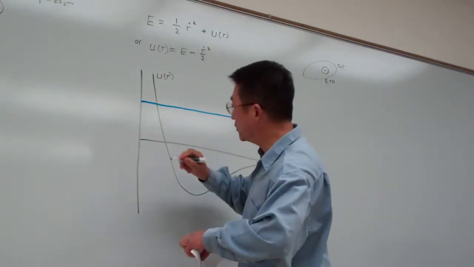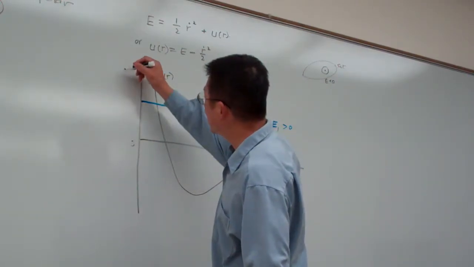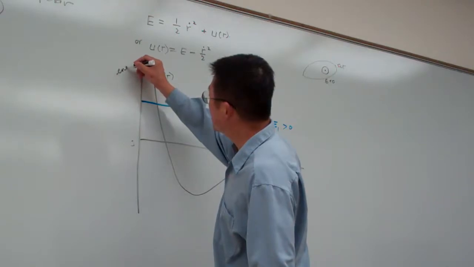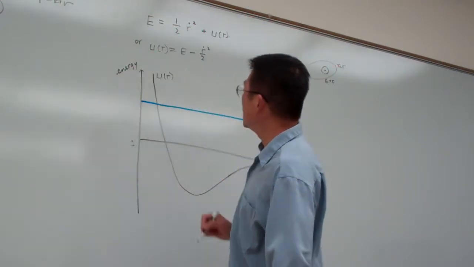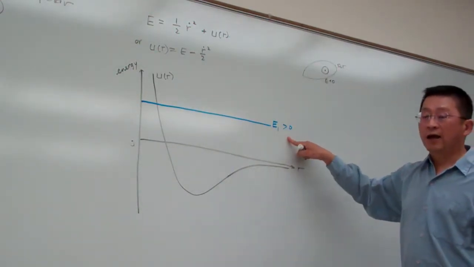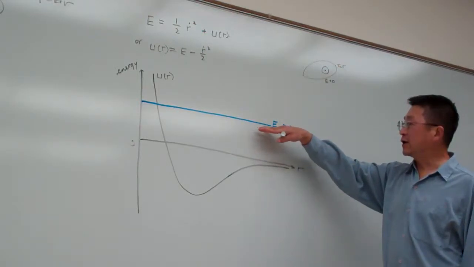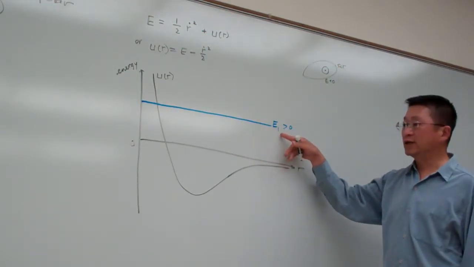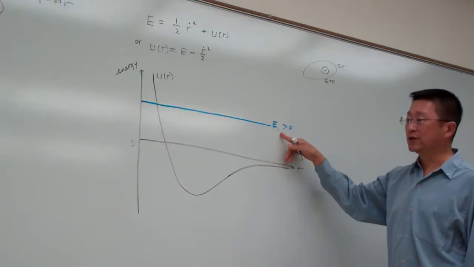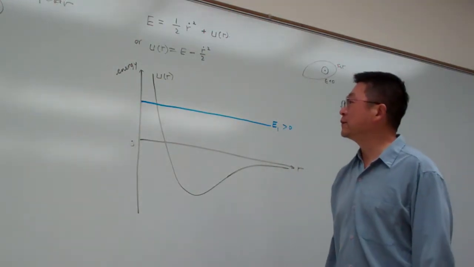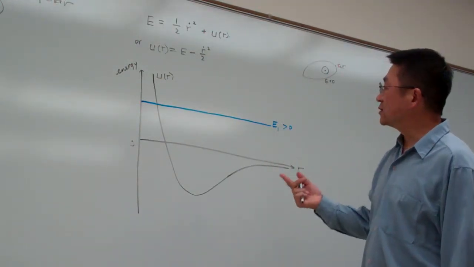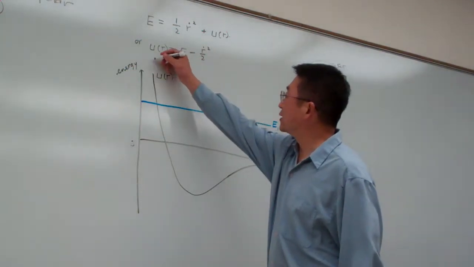Let me be more specific. This is 0, and this is the energy. So here I arbitrarily chose a constant positive value for E, and I denoted that value E1, positive. Now for this scenario, we're going to look at these equations.